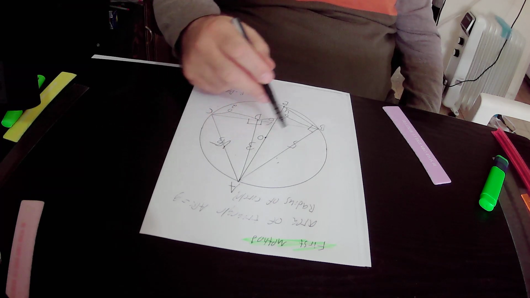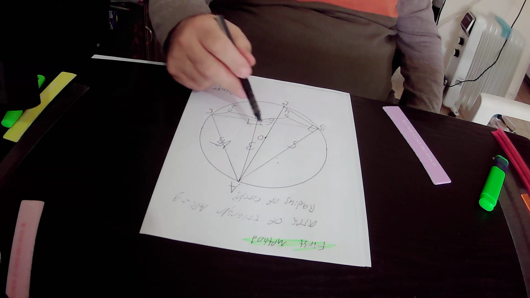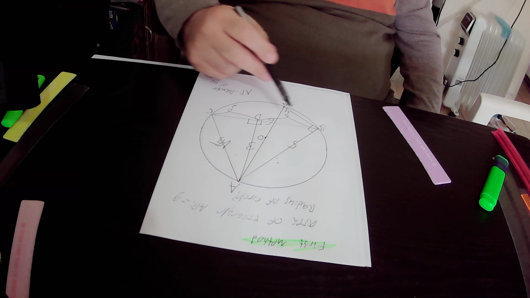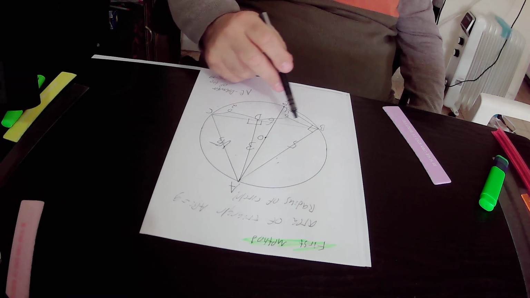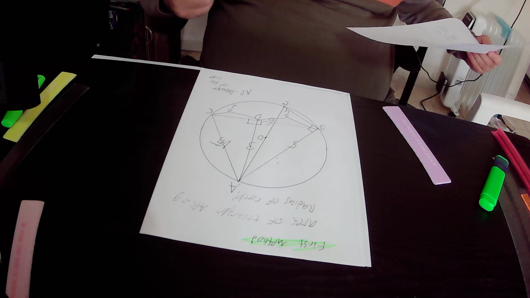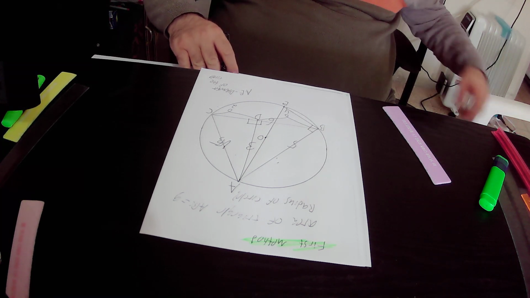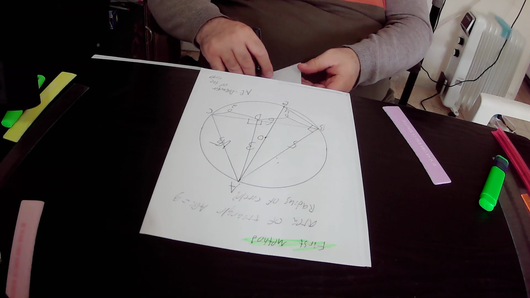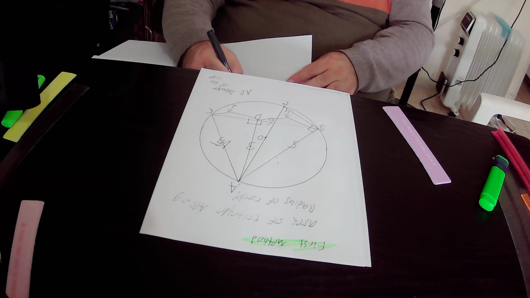If we focus on chord AB, we have angle ACB resting on chord AB, and also angle AEB resting on the same chord, chord AB. So according to the rule that I mentioned, angle ACB must be equal to angle AEB.